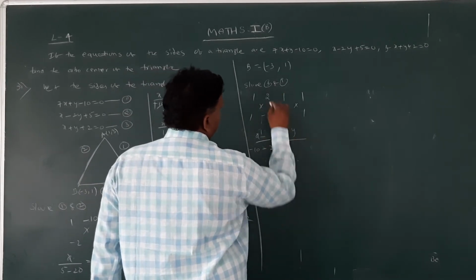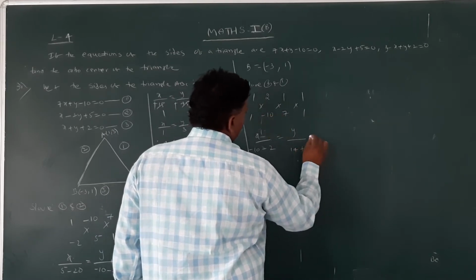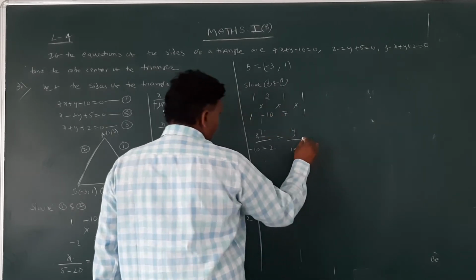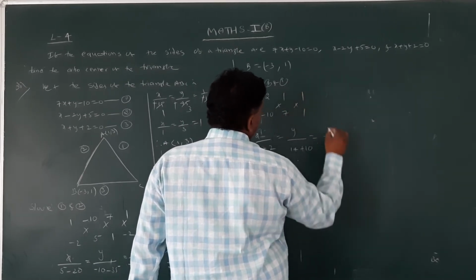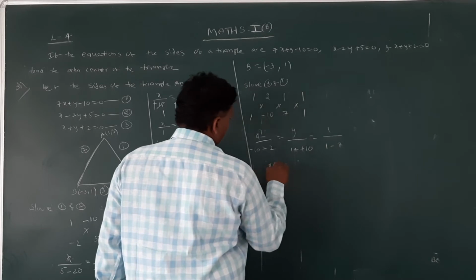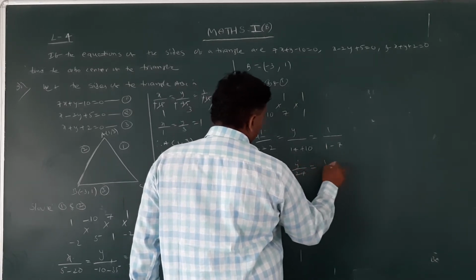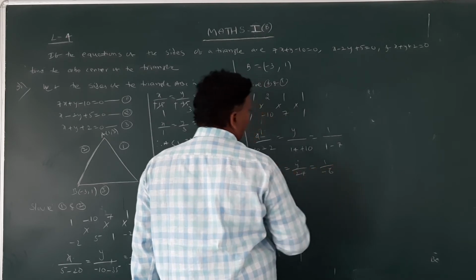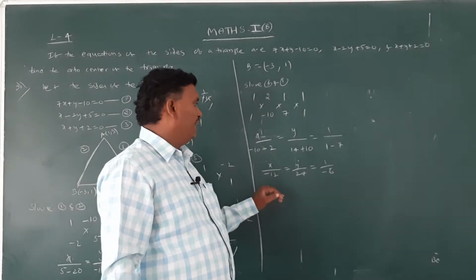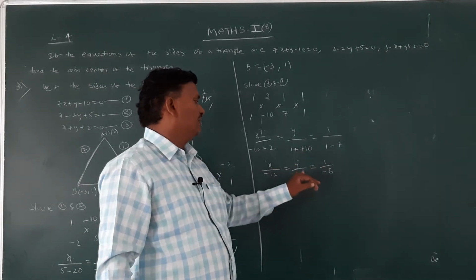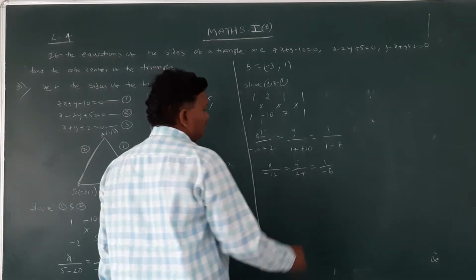Y by 2 into 7 minus 1 into minus 10, 14 plus 10, 24. 1 by 1 minus 7, minus 6.